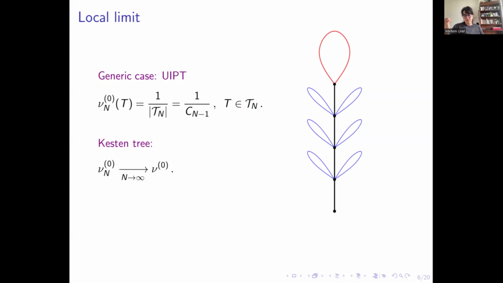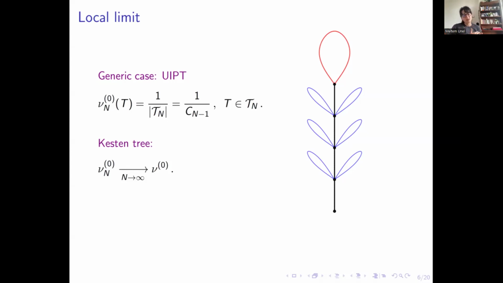So what we know is that in this case, the sequence of measures nu n converge weakly towards a limiting measure that we call the uniform infinite planar tree. Actually, this is an instance of a more general limit that is called Kesten tree. For the ones who are familiar with the domain, if I take critical Galton-Watson trees and I condition them by size or by height, it gives the same result in the critical case with finite variance.